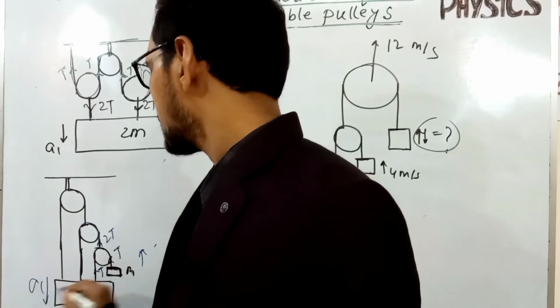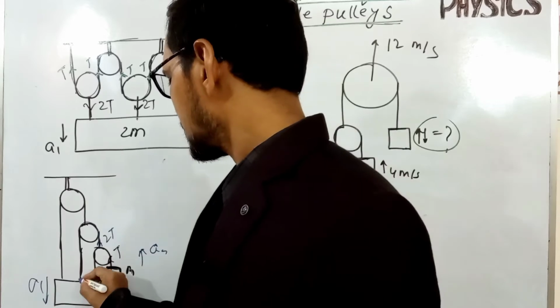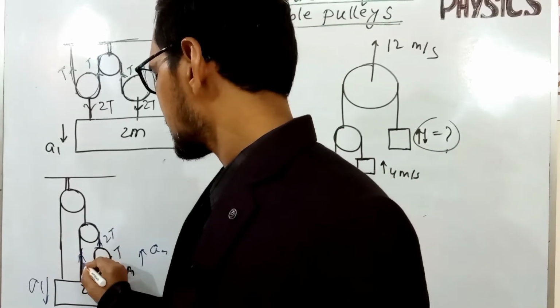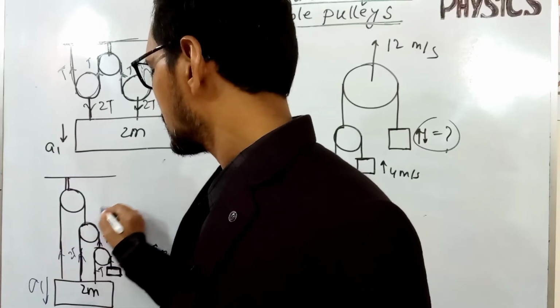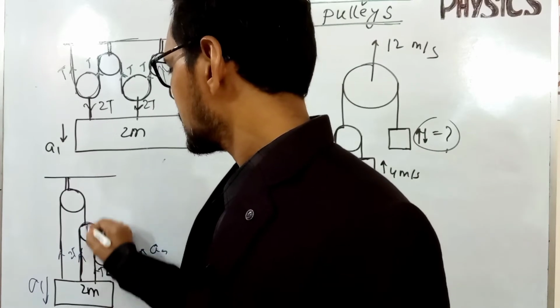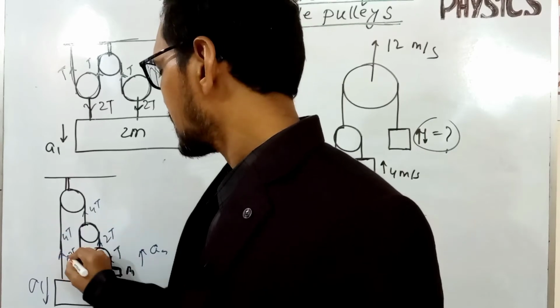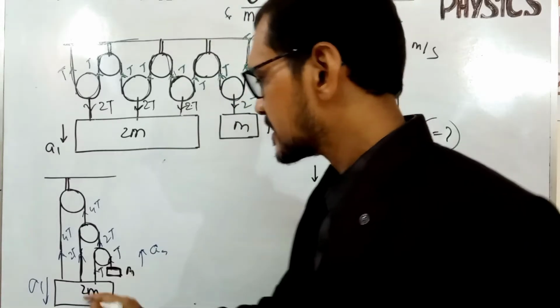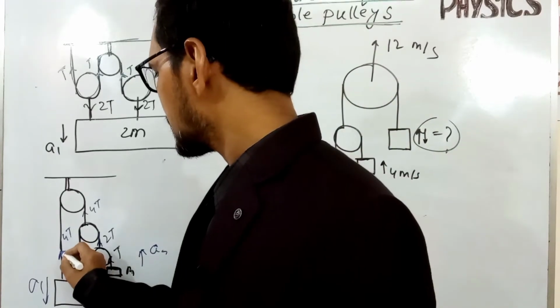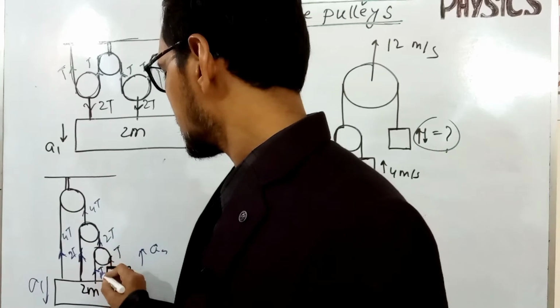Suppose this is A1 and this is A2, so the block moves in this direction, so tension will be in this direction, 2T, 2T. Now this will be 4T, 4T. I have told you that tension of the string is always towards the fixed pulley. So this is 4T, this is 2T, 2T, this is T, this is T.